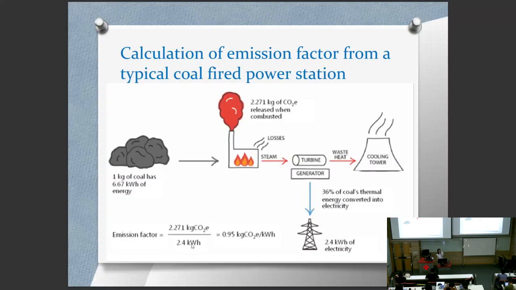So it results in an emission factor of 0.95 kg carbon dioxide equivalent for every kilowatt hour. All right, so it is a simplified diagram to explain how to evaluate the emission factor.